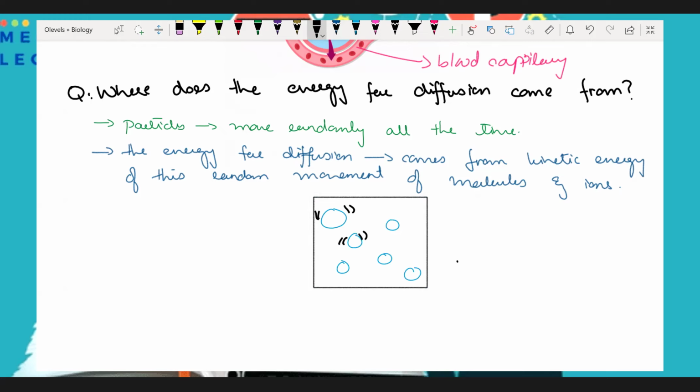This is a closed container, so we know that these molecules are in constant random motion, and they are in constant random motion because of the kinetic energy that they possess. Is that clear, students? Yes, ma'am. Okay. Suman, is that clear? Yes, ma'am.